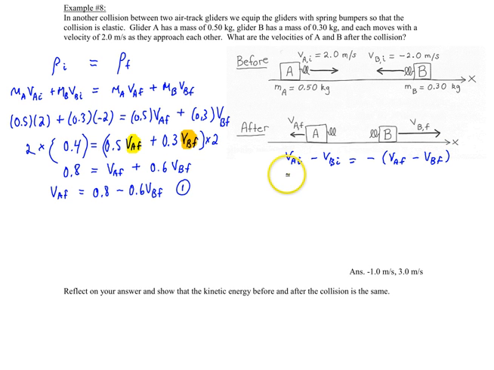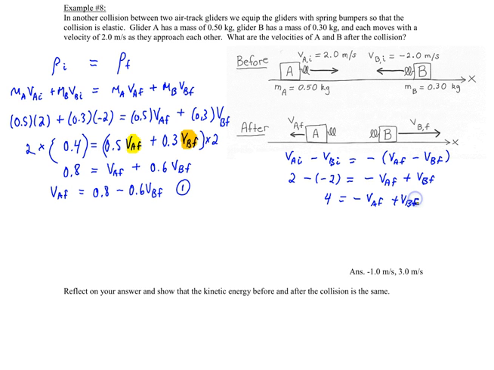We know VA initial is 2, VB initial is -2, and so we get over here for VA final, we'll write that as negative VA final plus VB final. So over here we have 4 equals negative VA final plus VB final.